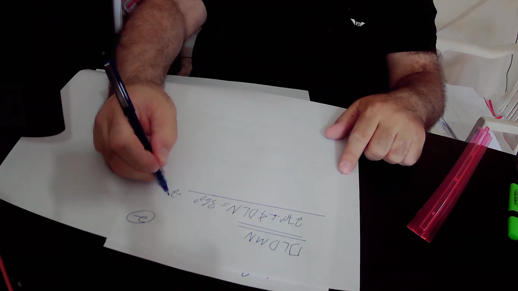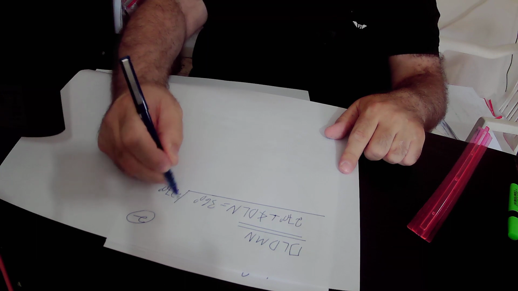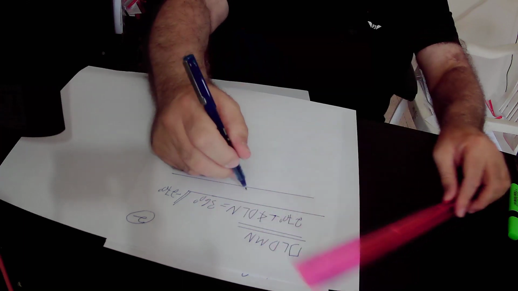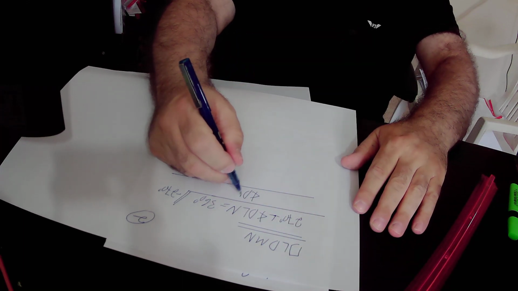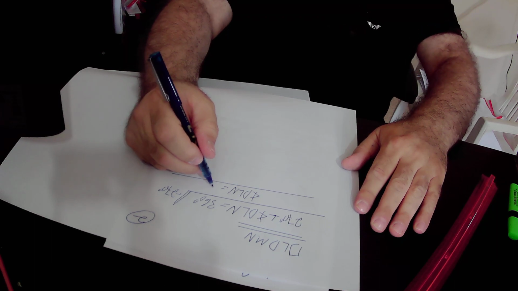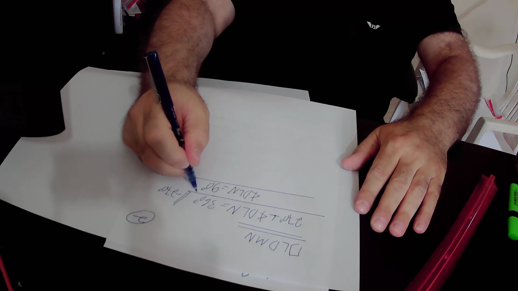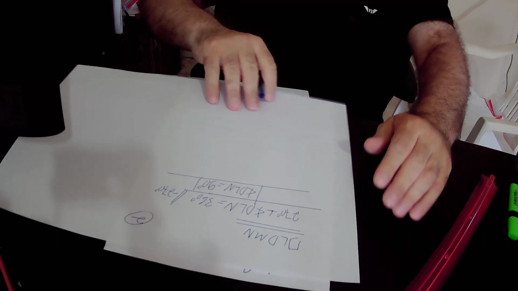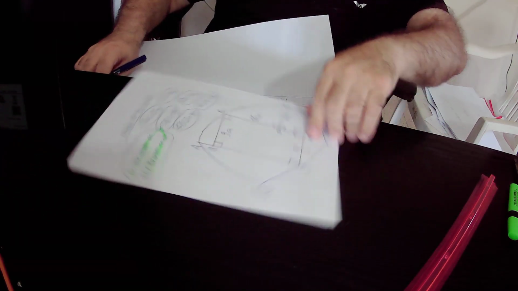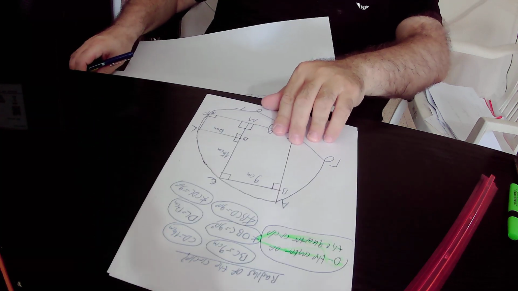Here we subtract 270 degrees from this equation, and we get that the missing angle DLN is equal to 360 degrees minus 270 degrees. It is equal to 90 degrees. That is to say, it is a right angle.